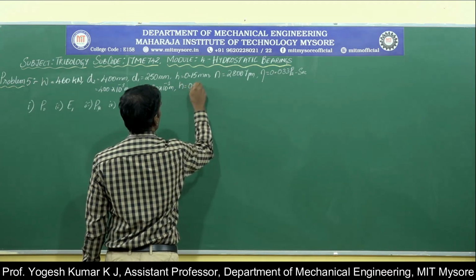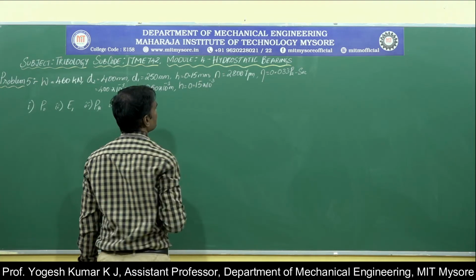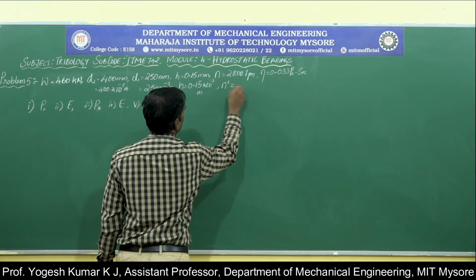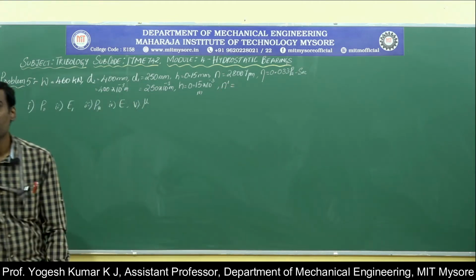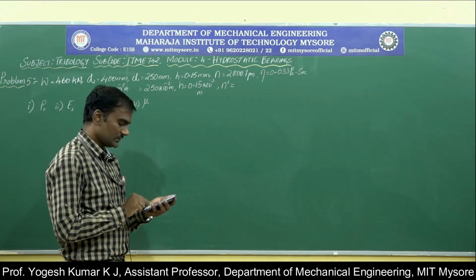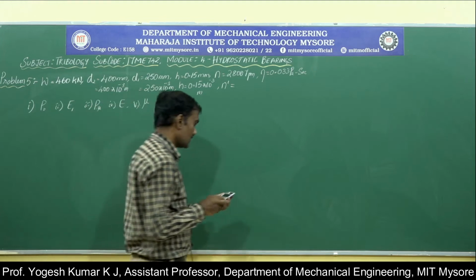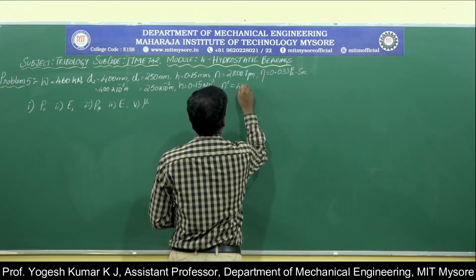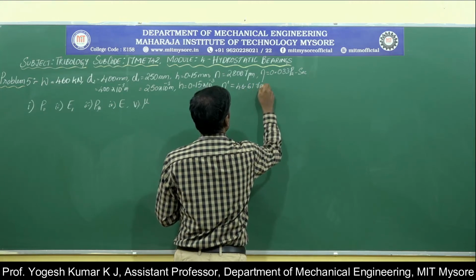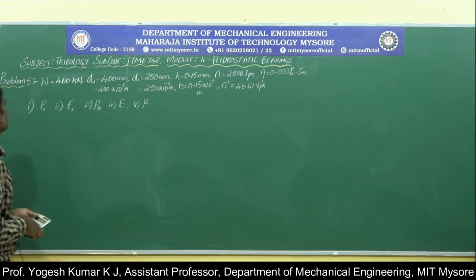Film thickness 0.15 into 10 power minus 3 meters. Speed, let us have the speed in terms of RPS: 2800 divided by 60, so we get 46.67 RPS.